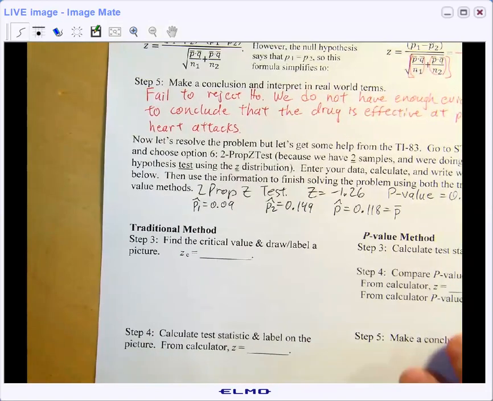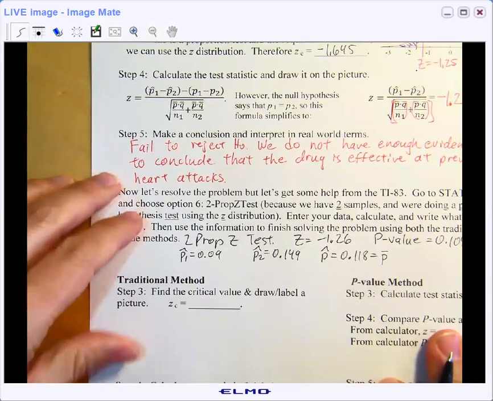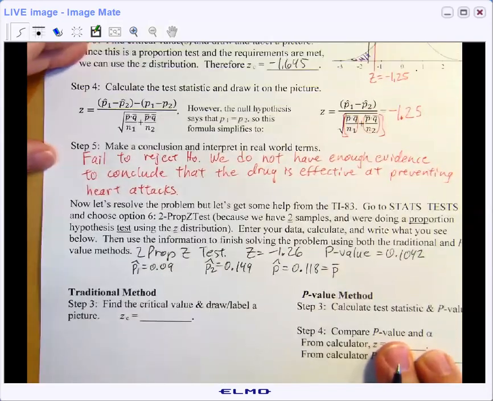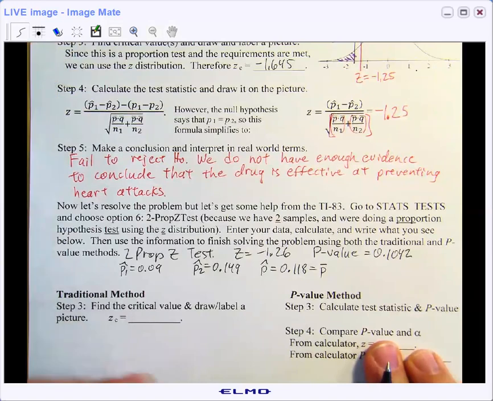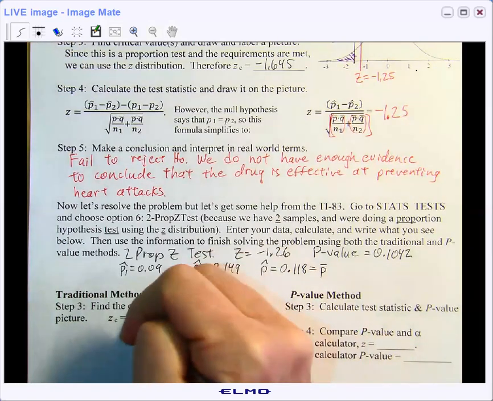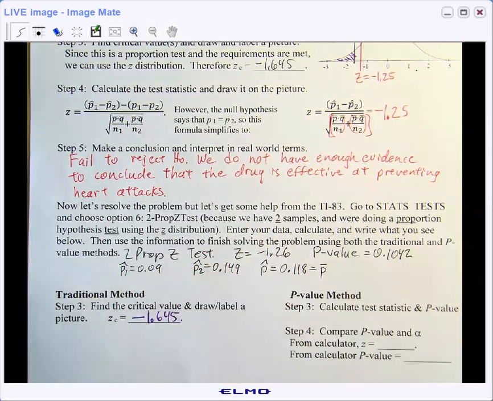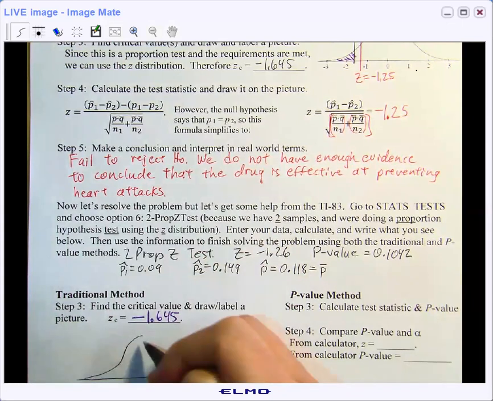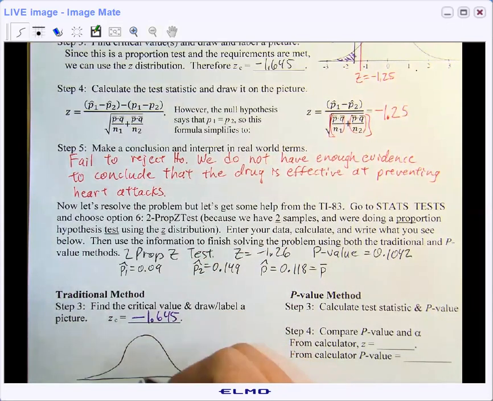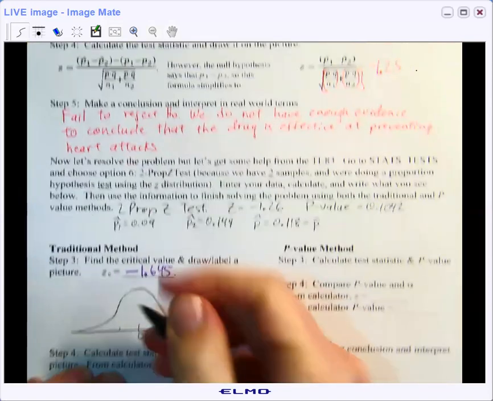So how could we have solved the problem starting at step 3 using the help from the calculator? Well, we still need to find our critical value of negative 1.645, draw our picture, let me slide that up.